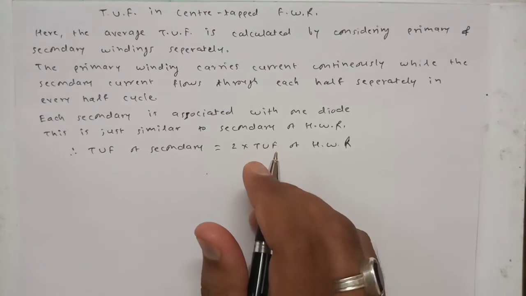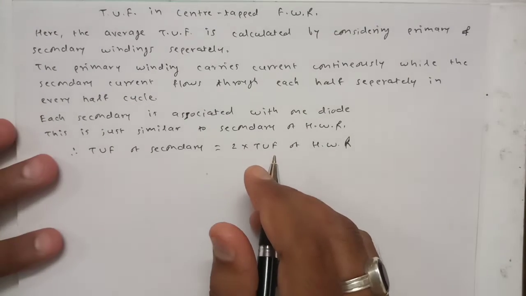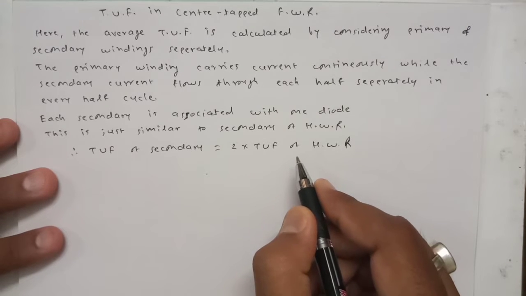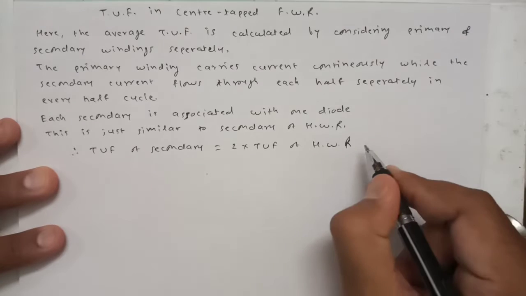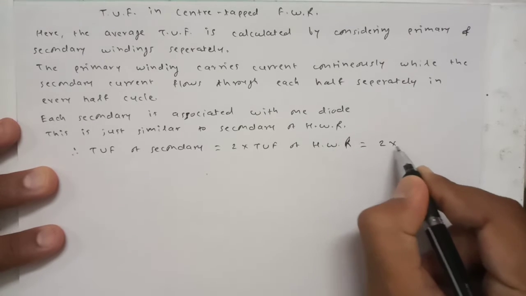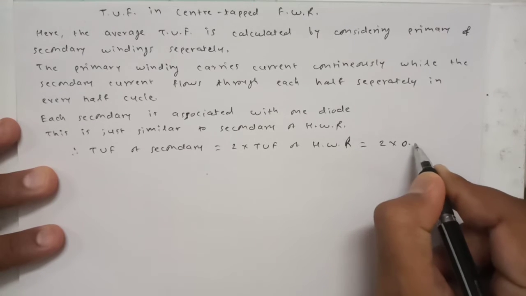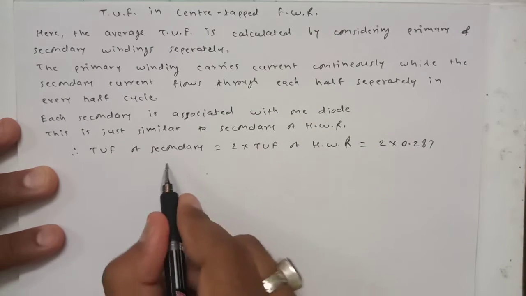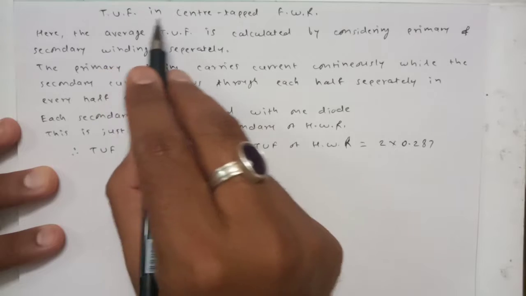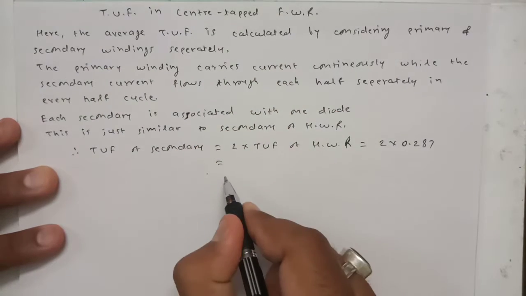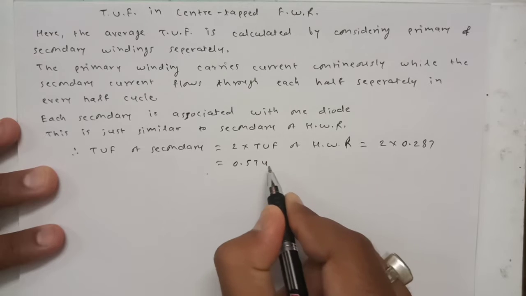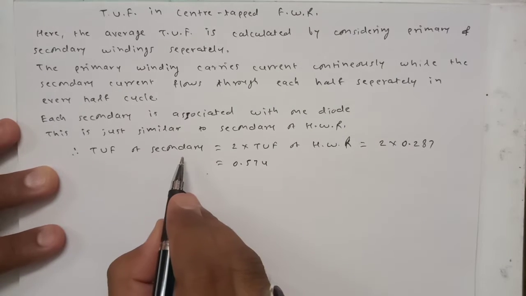So I will put the values directly here: 2 into the TUF of half wave rectifier, that value is 2 into 0.287. In that way, the TUF of secondary in case of the center tap type of full wave rectifier comes to be 0.574.